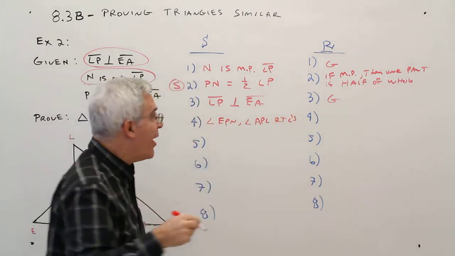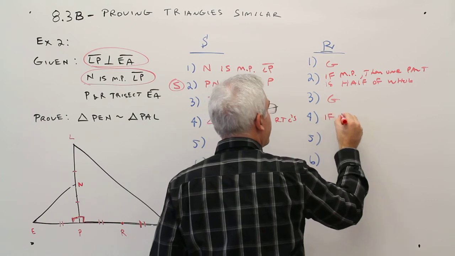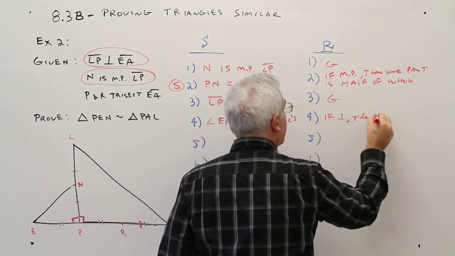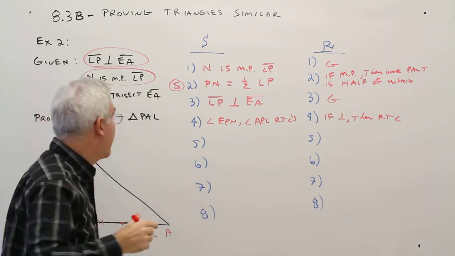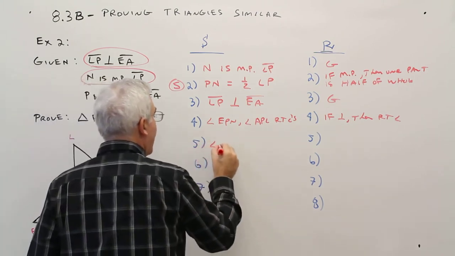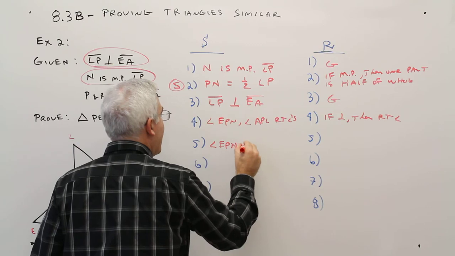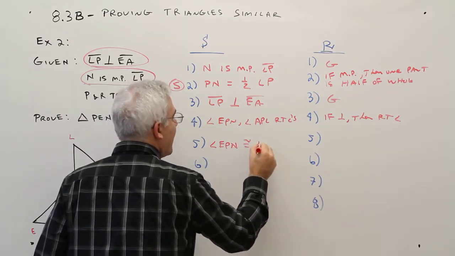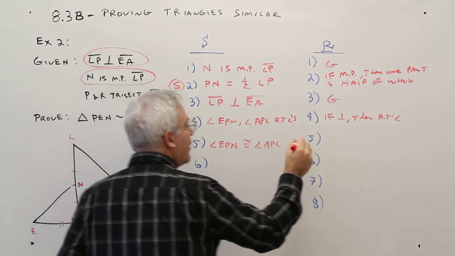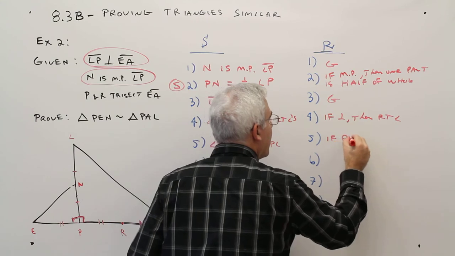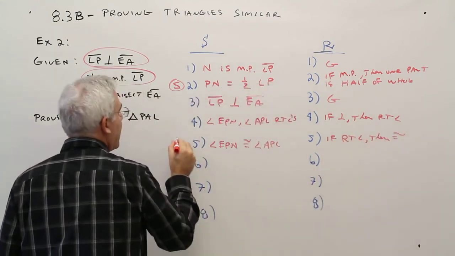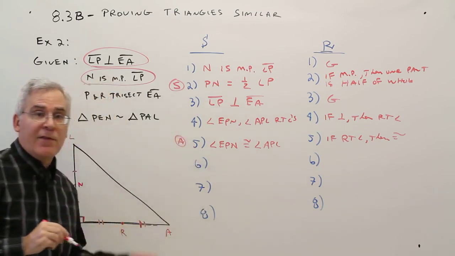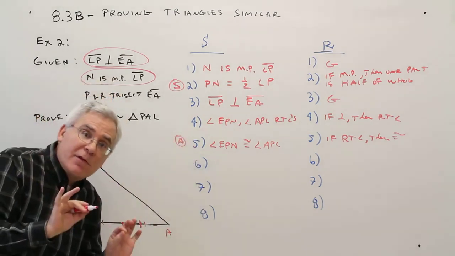If perp, then right. And then, of course, if right, then congruent. Angle EPN is congruent to angle APL. If right angles, then congruent. So that's the angle being congruent.